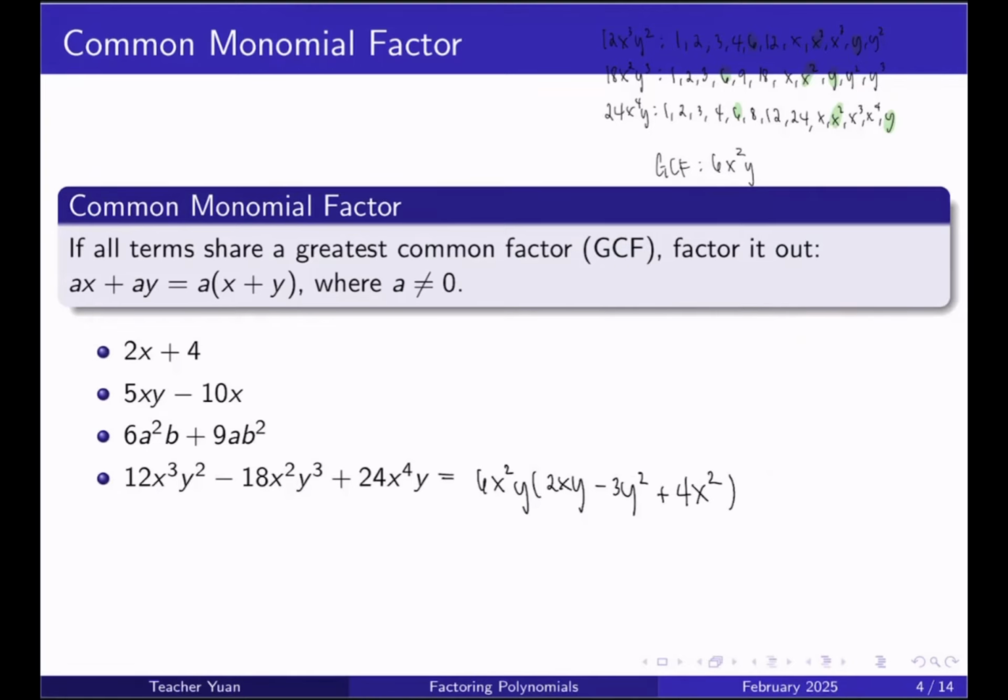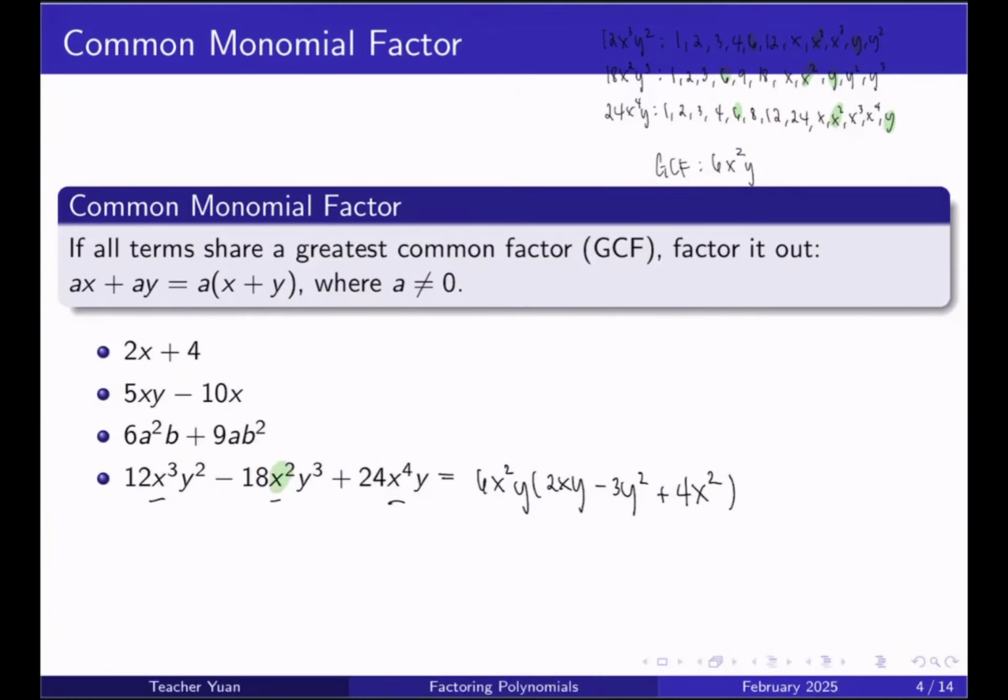So before we go to our last example, I want to share with you how we can get the greatest common factor for the variables without listing them down one by one. What we just need to do is to look for the least power of each exponent, and that would be the greatest common factor. So if we compare x cubed, x squared, and x raised to 4, their greatest common factor is the power with the least exponent, which is x raised to 2.